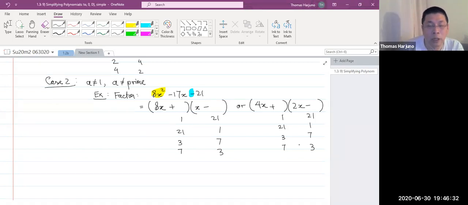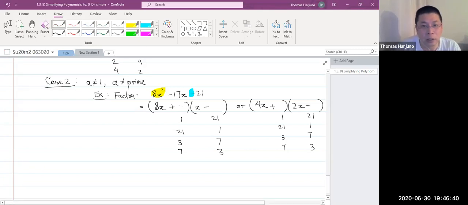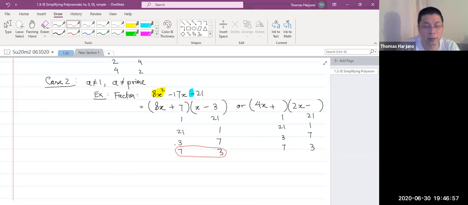Okay, now then after some practice, you will see that I can do it quite fast because I've practiced a lot in the past. This will do. This pair here. This will do. Okay, in fact, that will give me exactly negative 17x.